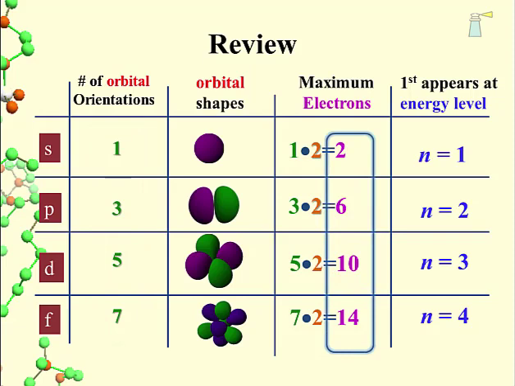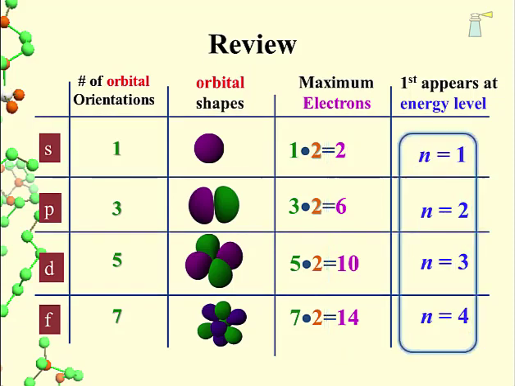If we multiply that odd number by 2, that is using Hund's rule of 2 electrons per orbital, the pattern moving from s to f orbital is 2, 6, 10, and 14. This pattern fits right onto the periodic table of elements. And finally, we see that with each new principal energy level comes a new type of orbital.